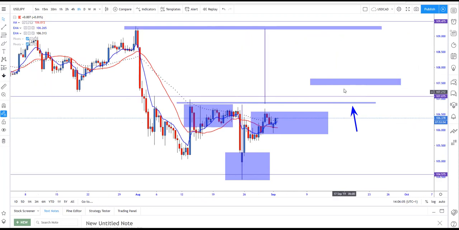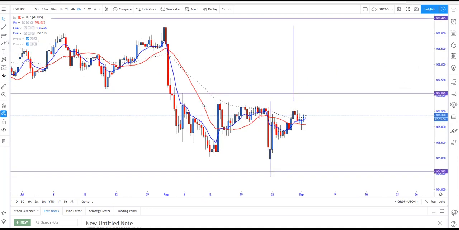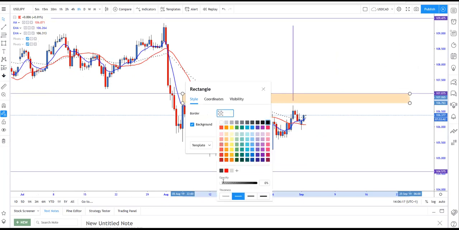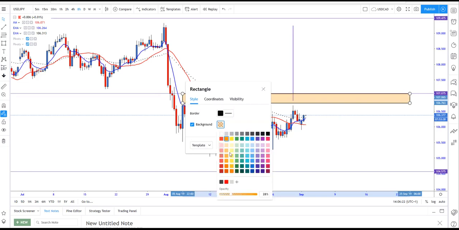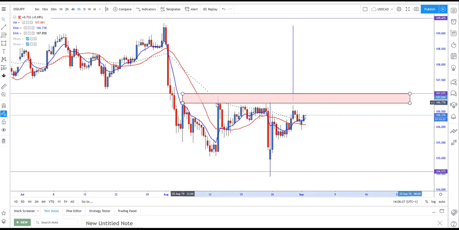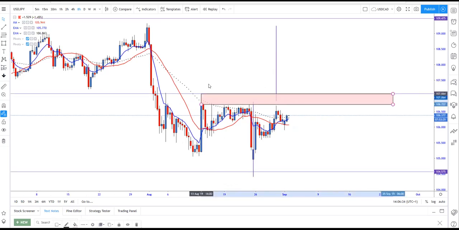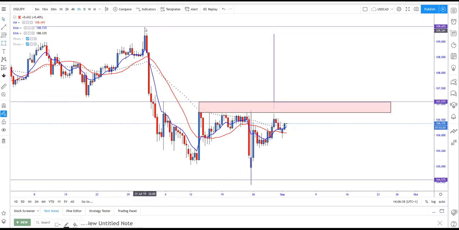Let's try and establish support and resistance levels. This is the neckline, that's your neckline too. So of course, a break of this and price going higher, the target levels lie there.